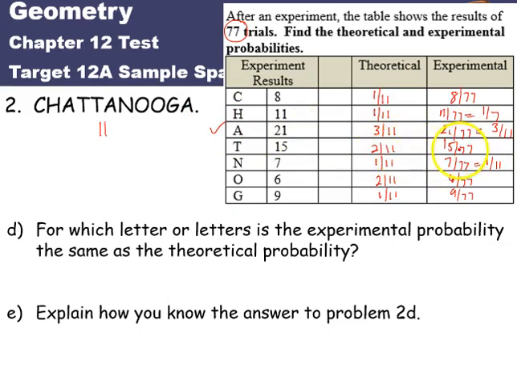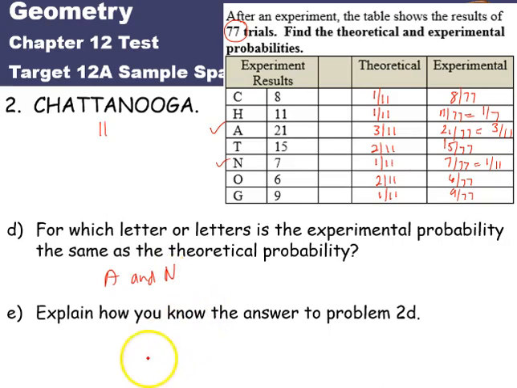We have 2/11 and 15/77, 1/11 and 7/77. Oh, which is 1/11. Look at that. Okay, and then 2/11 and 6/77 no, and 1/11 and 9/77 no. Okay, so the letters are A and N when the theoretical is the same as the experimental.